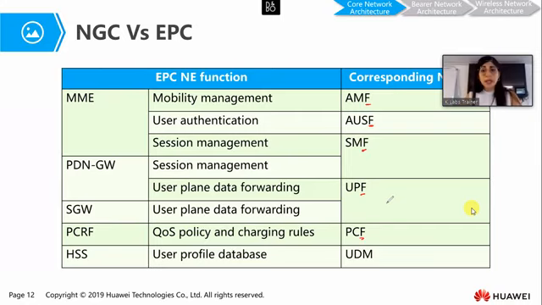So we will have servers, and in these servers, we will have virtual machines, and these virtual machines will emulate the functions of the nodes of the 5G core network. So that's why we are talking about functions. The 5G core network is born virtualized and cloudified.